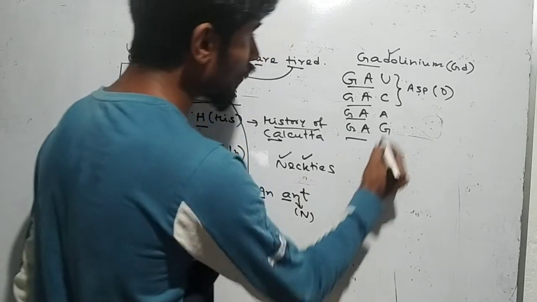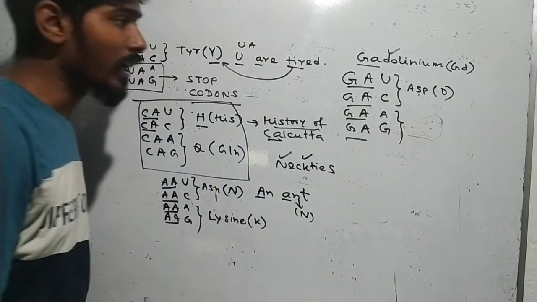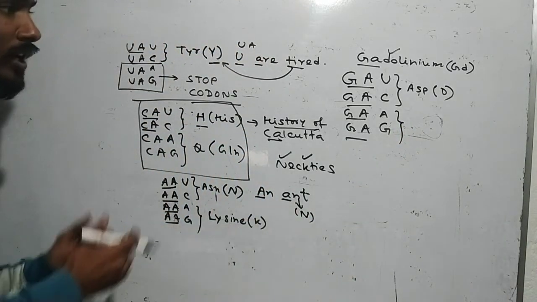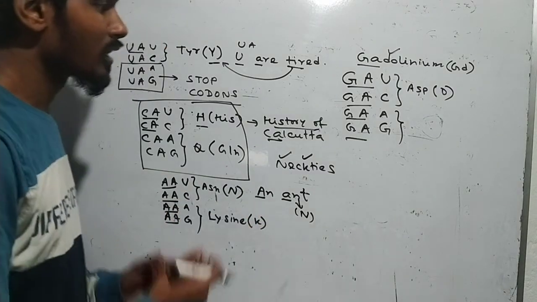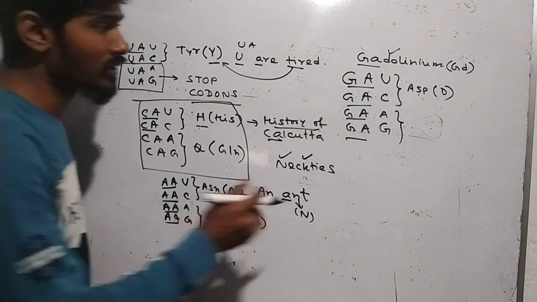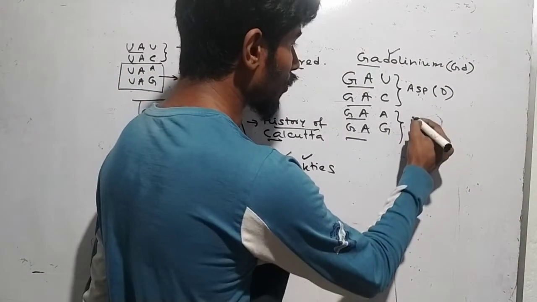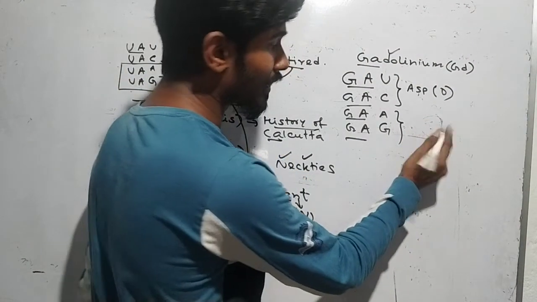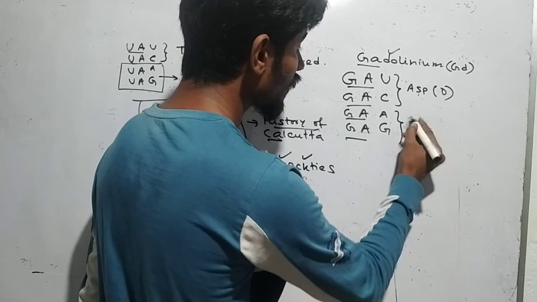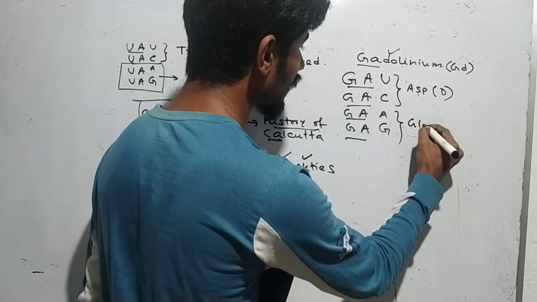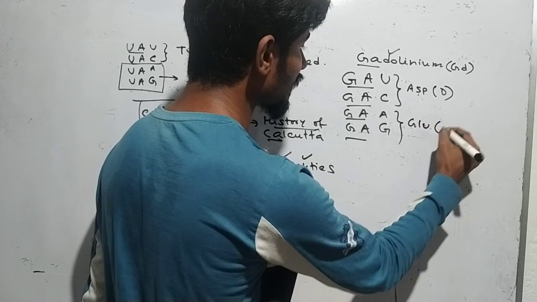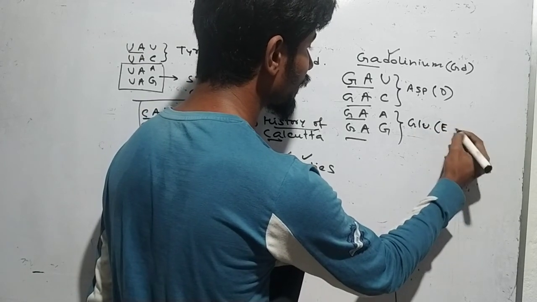Okay, now I have told you in the sentence that high quality neckties are designed in this factory. So designed, you have DE, so here you will get the E, that is glutamic acid. Okay, so glutamic acid is the E.